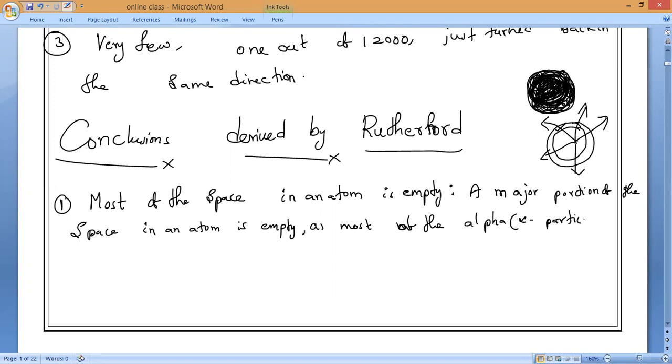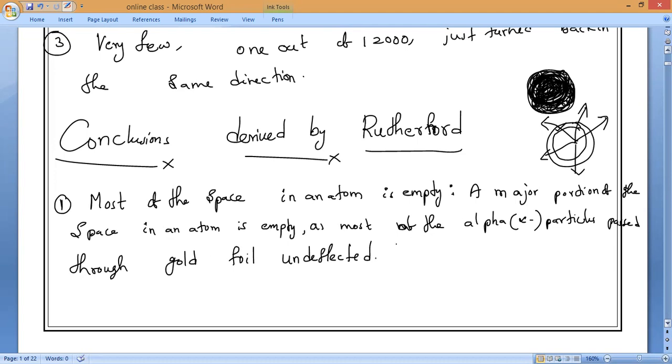Please remember, most of the alpha particles passed through the gold foil, deflected or undeflected? Undeflected, not deflected. Undeflected. That is why he concluded it is empty space. That is what you have to remember.